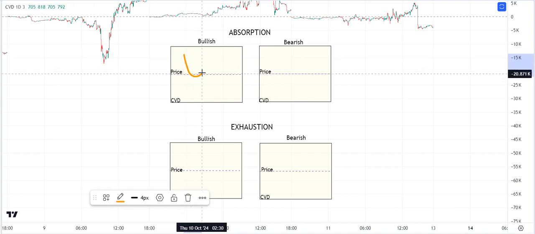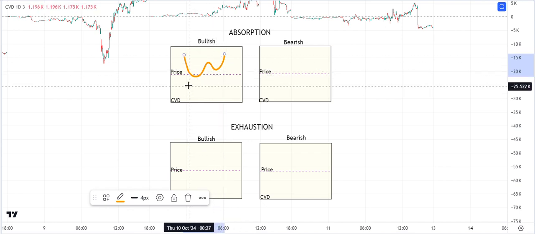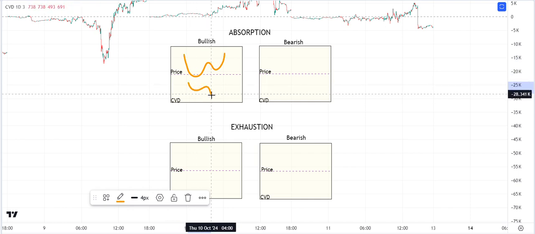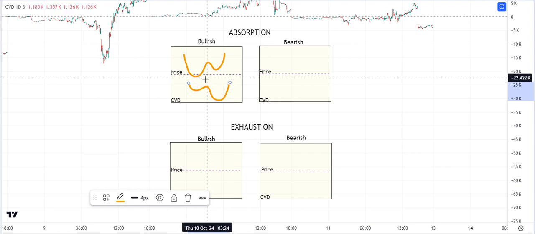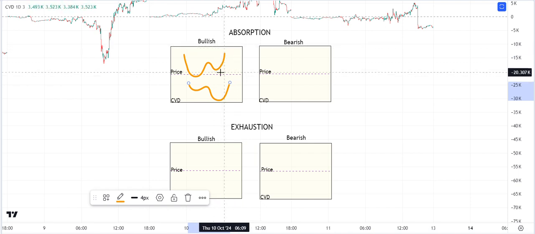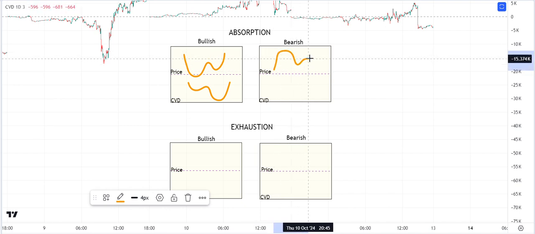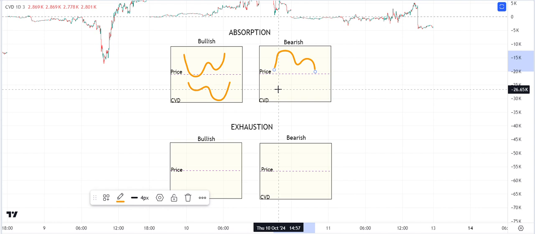You would see something like this, and then the CVD would look like this. We're going to look at some real examples. So that's for buying, and then for selling it would look something like this in absorption, and then like this.